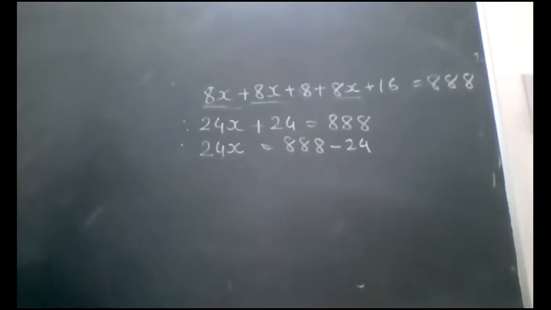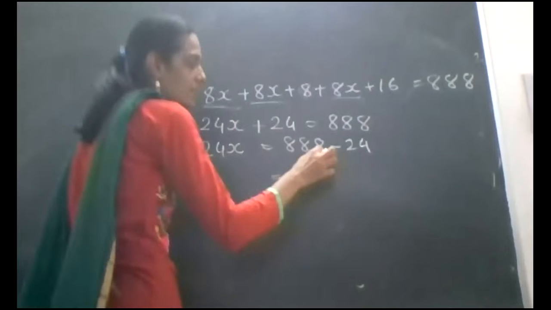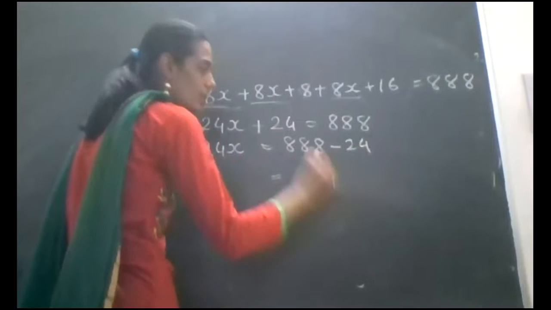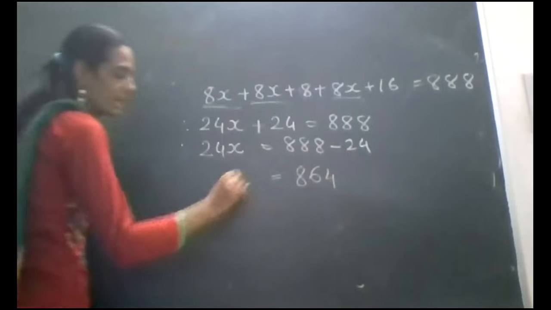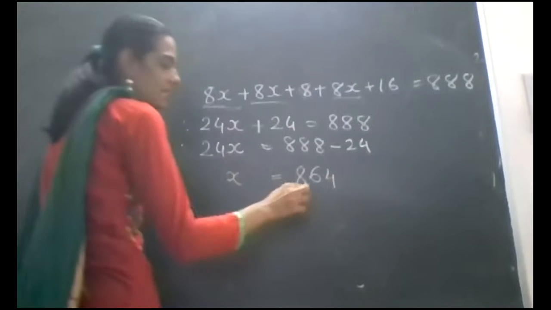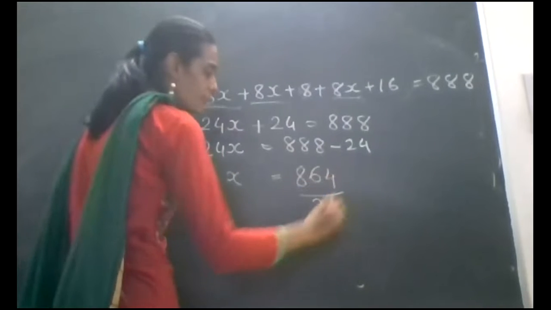Now go for the subtraction. What will you get? 8 minus 4 is 4, 8 minus 2 is 6, and 8. You will get x is equal to 864 divided by 24.